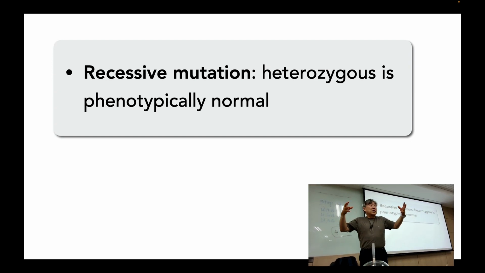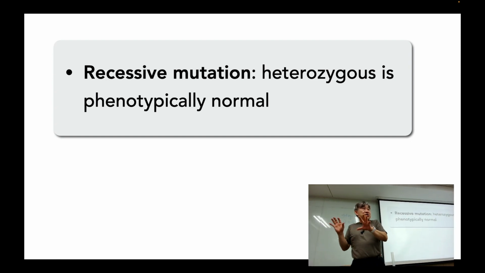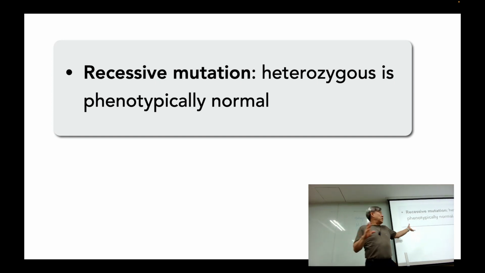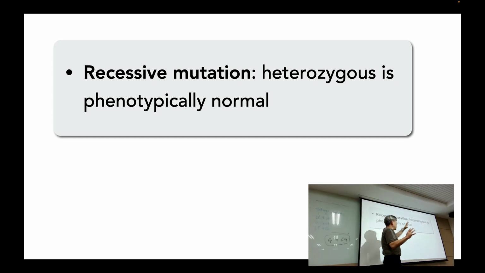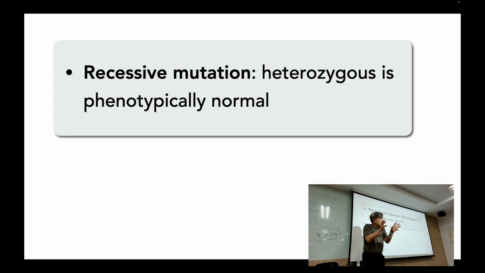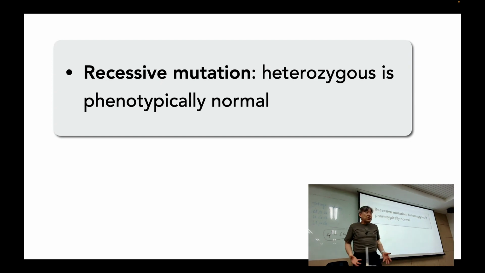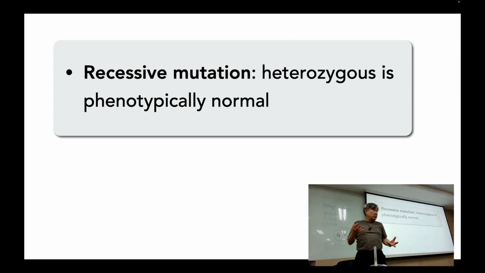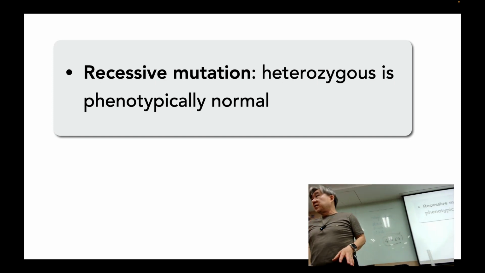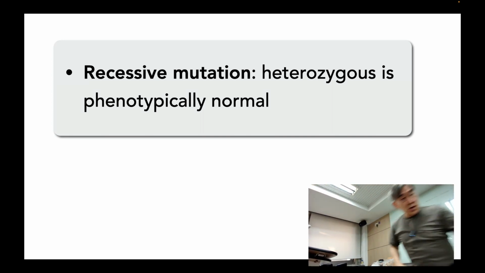Your function is not going to be really challenged. However, it's a totally different story if you have two mutant copies. Then you will have an extremely difficult situation to survive, because how can you survive with this lack of oxygen supply? It will be really tough for you.